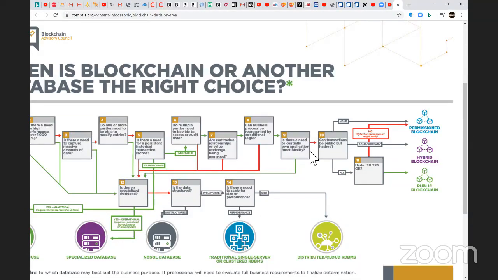And so a permission blockchain would be proper for enterprises, large organizations. Hybrid would mean that there's some shared responsibility between ownership. And public means that it's available to everyone.